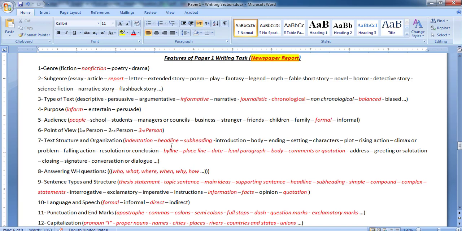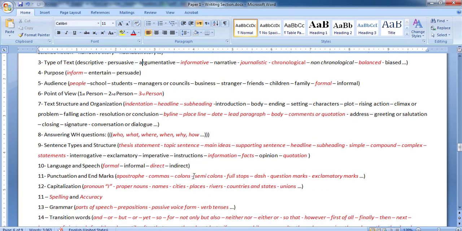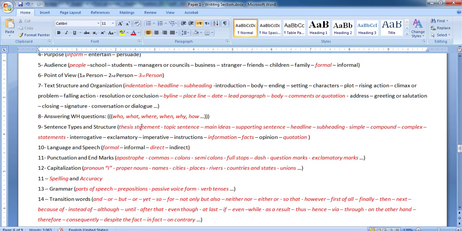The text structure and organization, you have to have the indentation, the headline, the subheading. You have to put a byline, a place line, dates, the lead paragraph, the body, the comments, or the quotation. Answering the WH questions of who, what, where, when, why, and how.